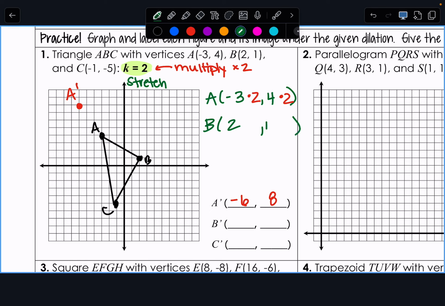All right, B, if we multiply B by 2, what's 2 times 2? 4. What's 1 times 2? So our new coordinate is 4, 2. And here I am pausing to give you time to write it down and plot it.